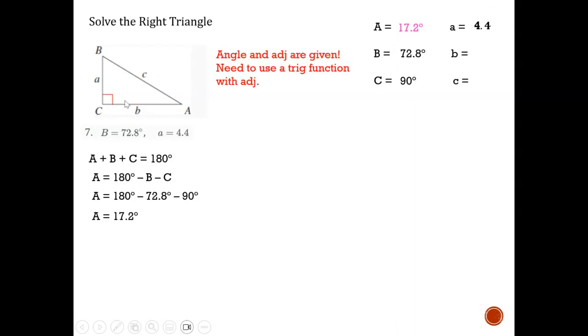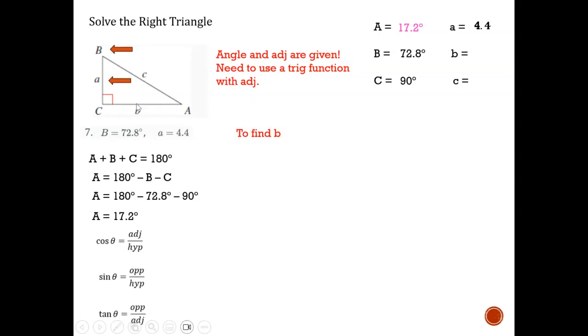Now, let me check this with the original information. We can use angle B, which was given, and also the adjacent side, little a. So the angle and adjacent are given, so you need to use a trig function with adjacent.